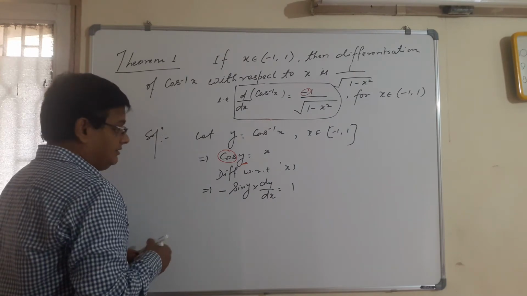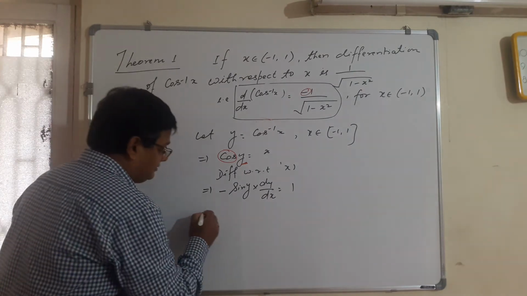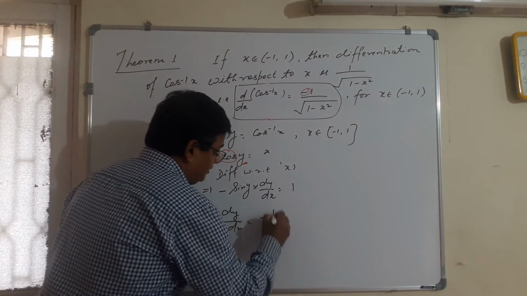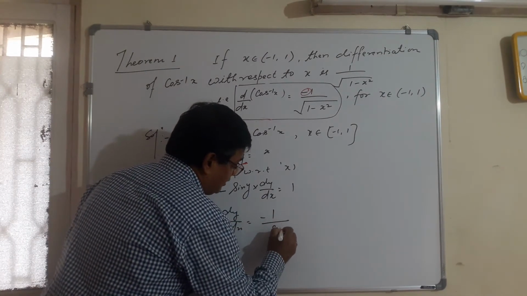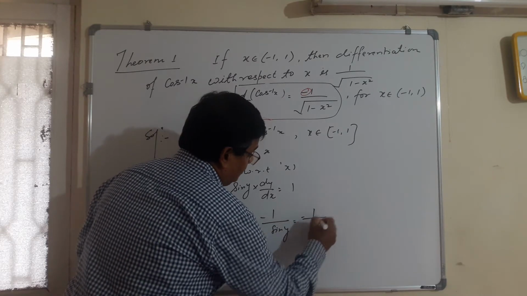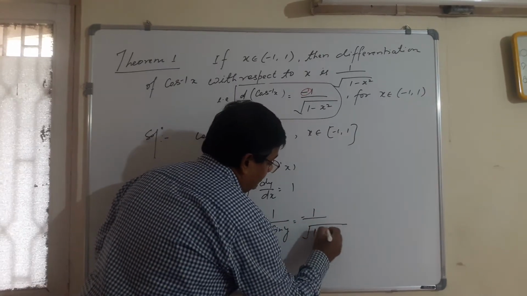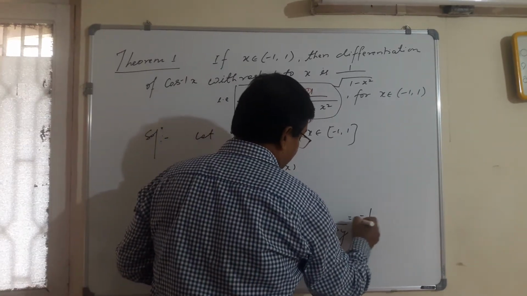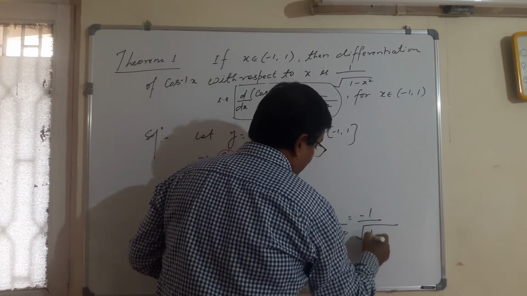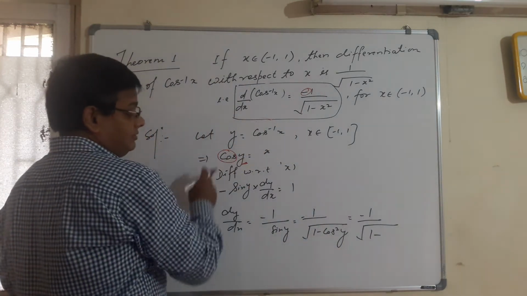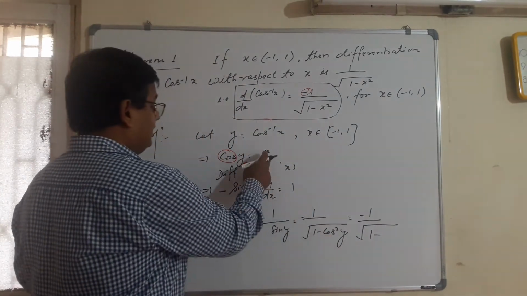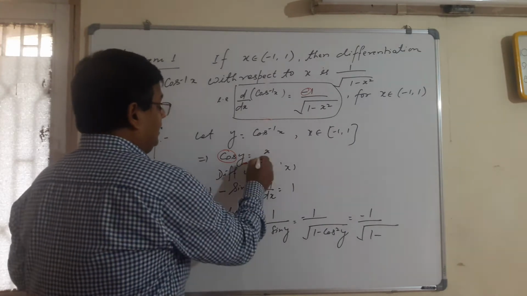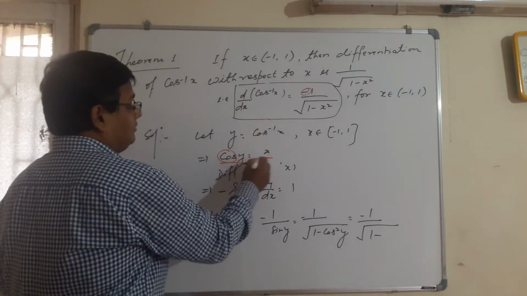So it implies dy by dx is equal to minus 1 over sin y, and sin y we can write as square root of 1 minus cos square y. So equal to minus 1 divided by square root of 1 minus, what is cos y? The value of cos y is x.